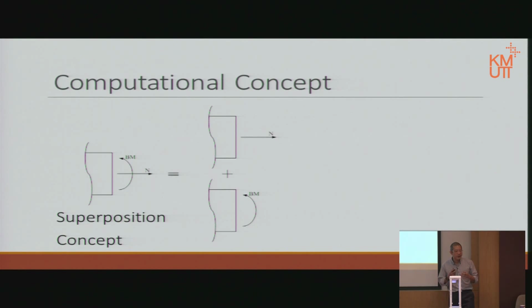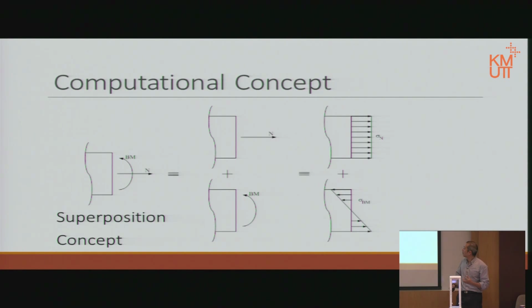We consider this cross section as if it is the effect from the axial force N, and calculate what actually happens with the bending moment. Once we get the results, using the superposition concept, we can combine the effects.